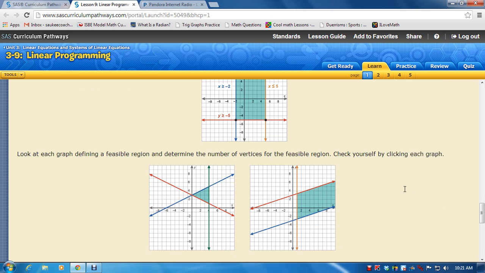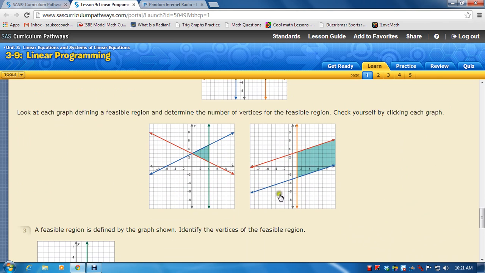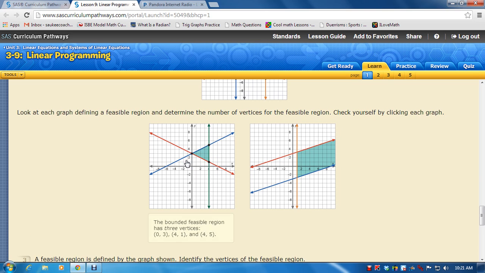If it is a triangle and it's bounded, I've got 3 vertices that you can see here. So we can click on that. Now over here you'll notice we've got one that's unbounded.